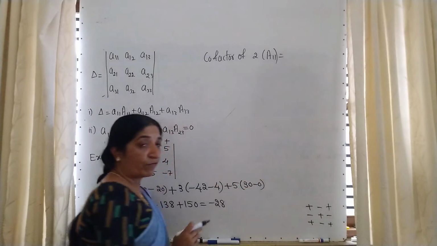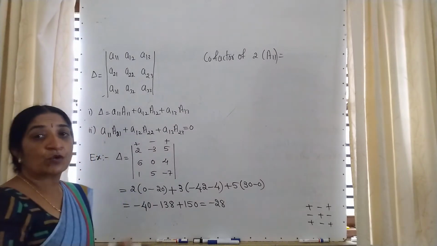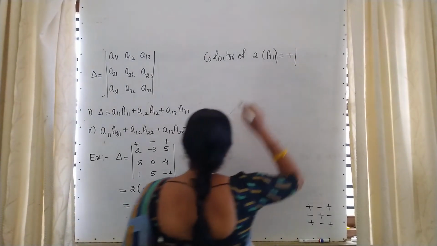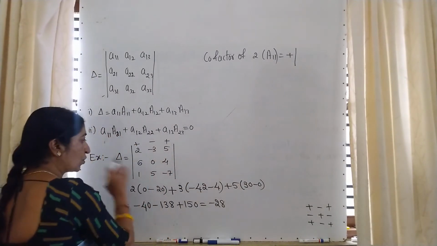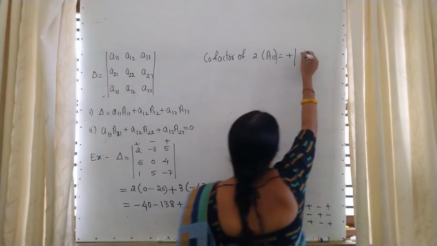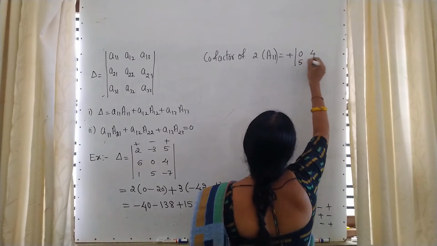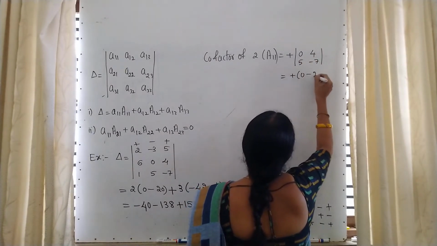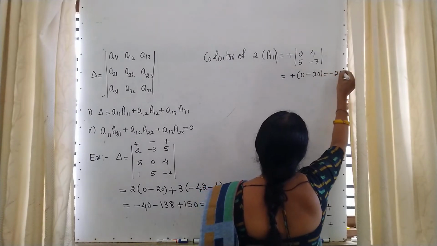This is the sign table we are using to write the cofactor. So here it is a plus, and it lies in first row and first column, leave that. And you know the simplification, 0 minus 20, that is minus 20.